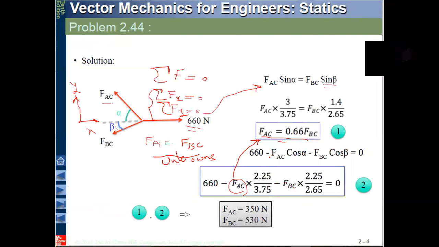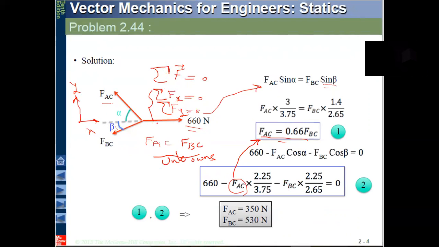So here we know from the main static equilibrium equation that sigma F is equal to 0, and this is for the vectors. When sigma F is equal to 0, each component of this sum should equal 0. It means that in the x direction and in the y direction, the sum of the forces should equal 0.